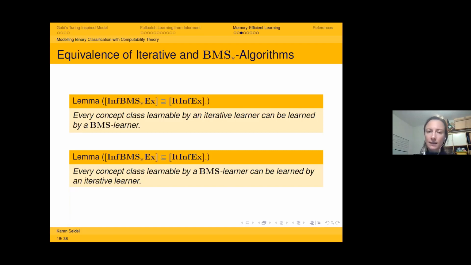The idea is that this BMS star algorithm operates depending on the states and on the last input. So you can think of it like an automaton, or maybe a Markov decision process. And whenever you're in some state and you see some datum, you know where to go.